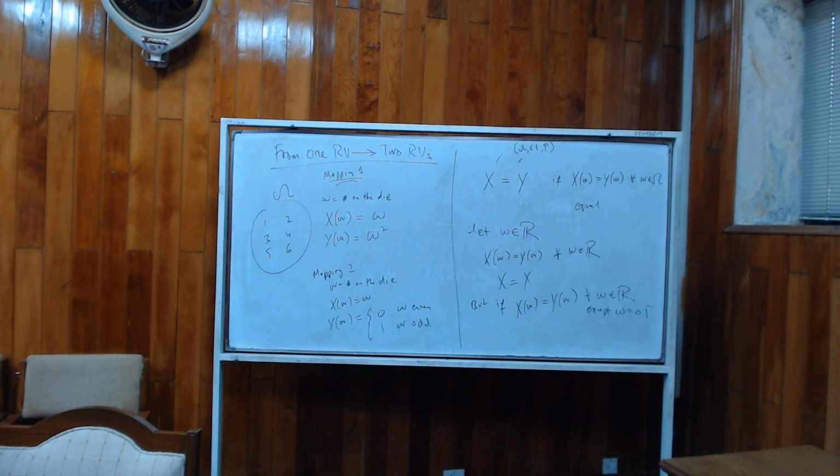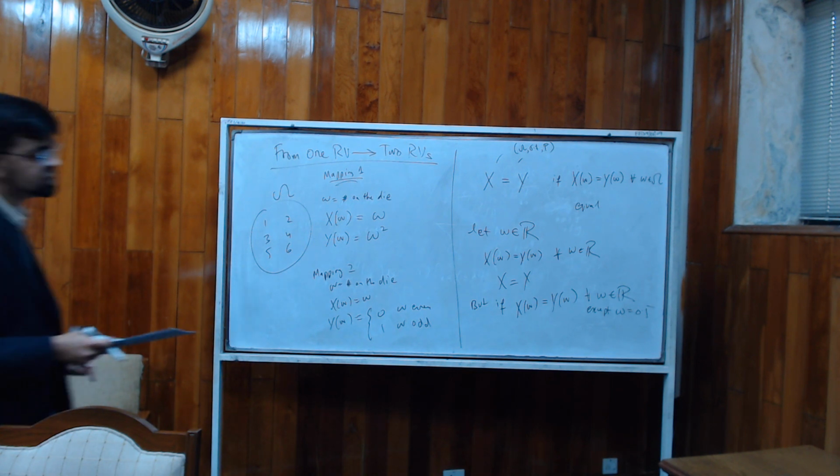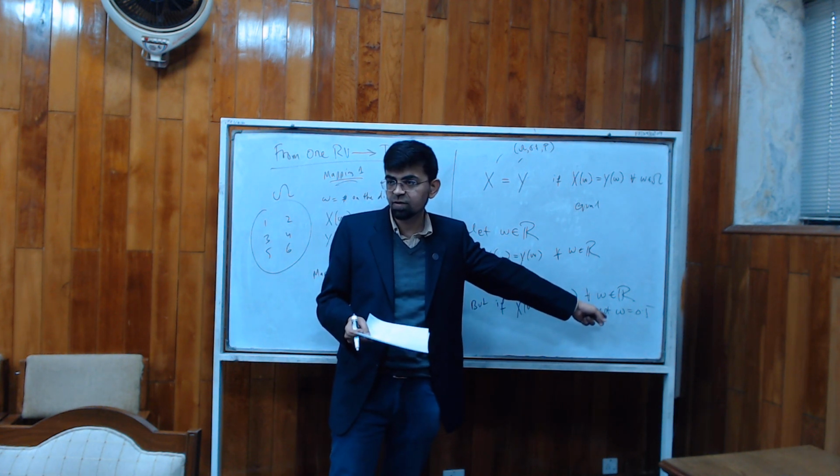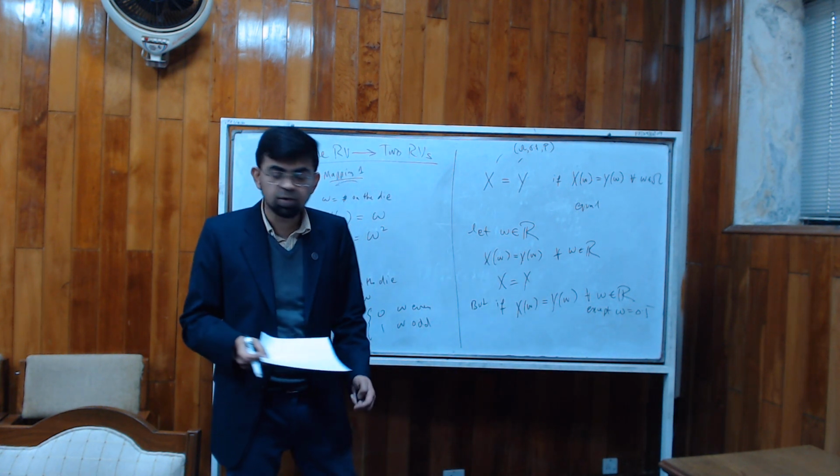The set of omega where these are equal is R minus 0.5. You remove 0.5 from this set. So there are infinite values where they are still equal, and a finite value where they are unequal.